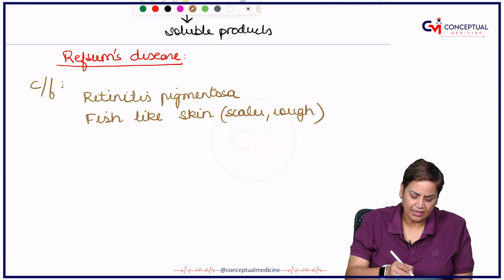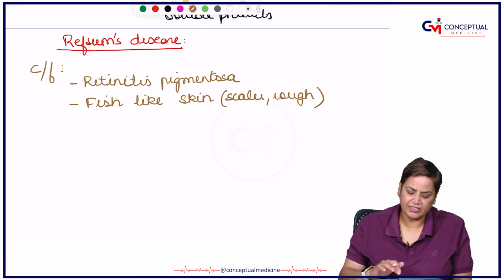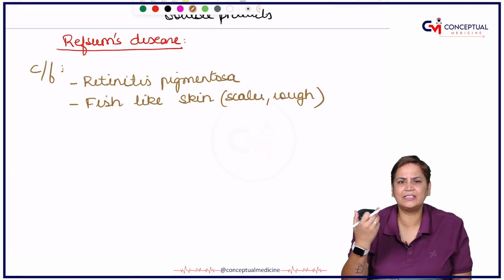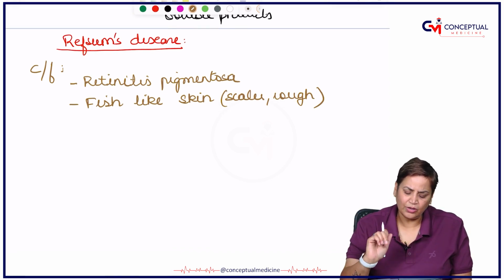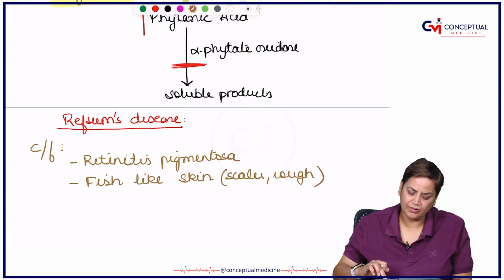And obviously a little bit of peripheral neurological manifestations will also be there because fatty acids are the ones which are giving energy. So Refsum's disease will lead to this.